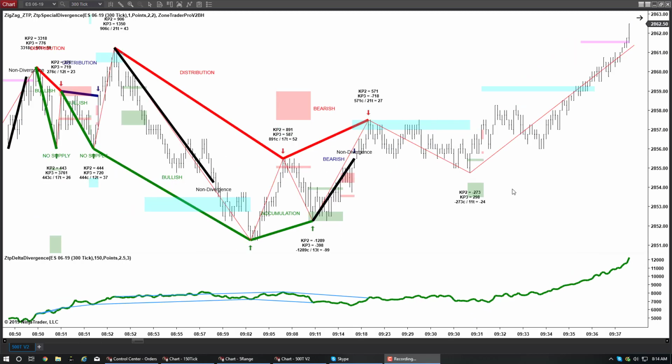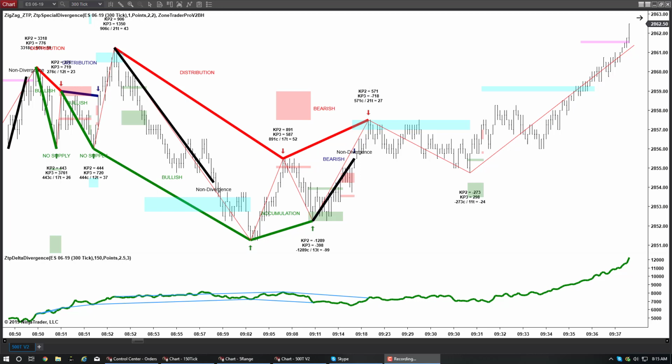Here's another example I found of an accumulation trade that market was pre-positioning at the open. Again, we see that we had our accumulation signal down here, and the KP2 number, which is the number that we want to see high, is a 571 here.